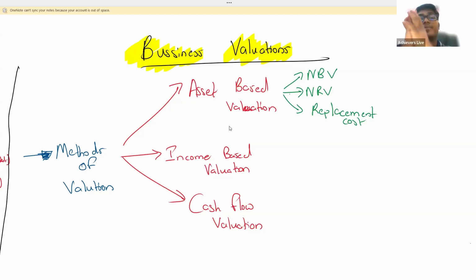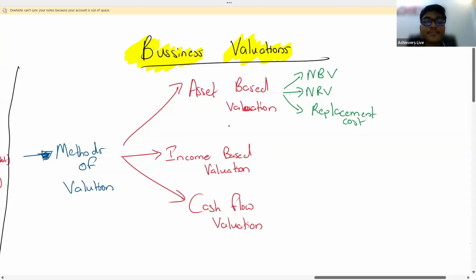Main disadvantages. Anything else? Yes. Limited usage in service industries. We are ignoring the value of certain intangible assets. We are ignoring future profits, future income, and future cash flows. These are the main disadvantages.